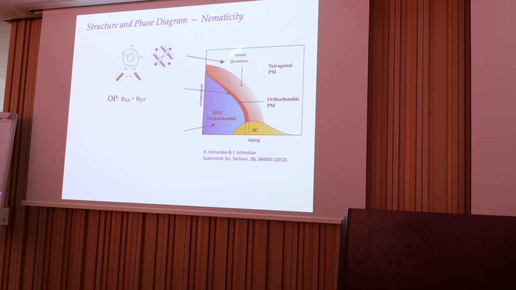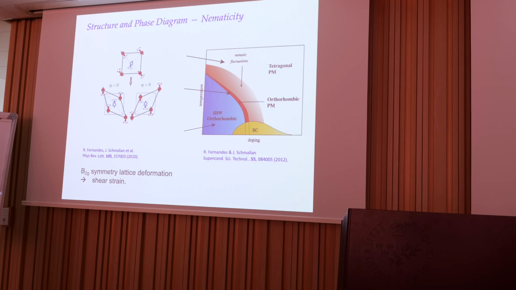In this so-called nematic phase, the other parameter is the difference between this occupancy, and that leads to a simultaneous change of the Fermi pocket, so the circular one breaks C4 if one gets occupied more than the others. This is a Pomeranchuk type transition.